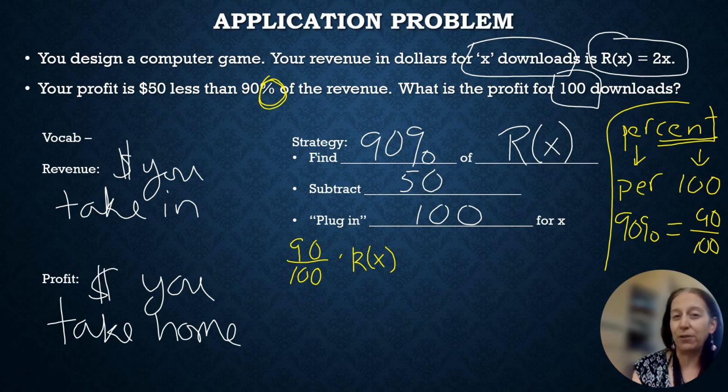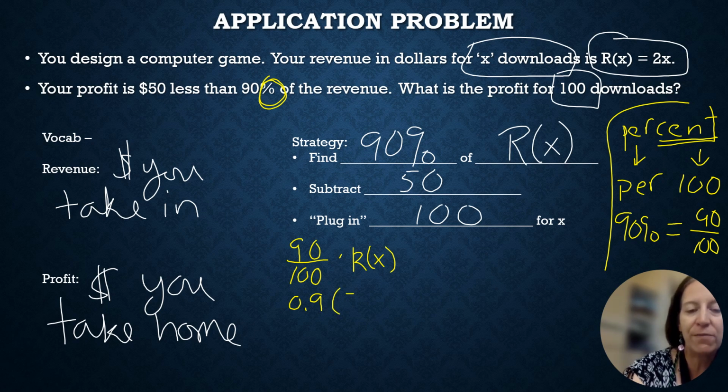So what we will often do is change that over to a decimal, just because it's easier. You can do that on Desmos, or you might just know what it is. It is 0.9. And then we're going to multiply that by the revenue function, which is 2x. There's our 90% of the revenue.